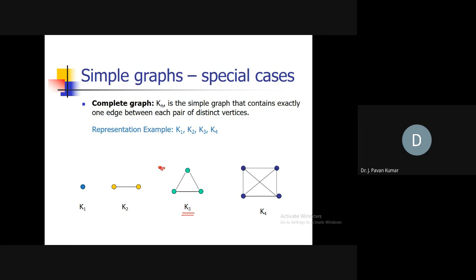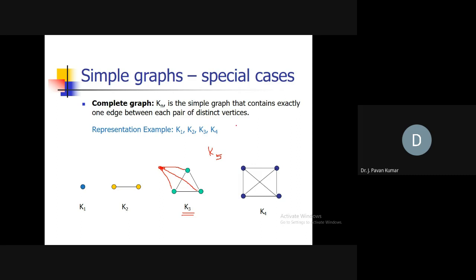Then what edges do we have to add? This fourth vertex should be adjacent to all the other three vertices, because for every pair of vertices we should have an edge. Now how many edges will we have in K5?